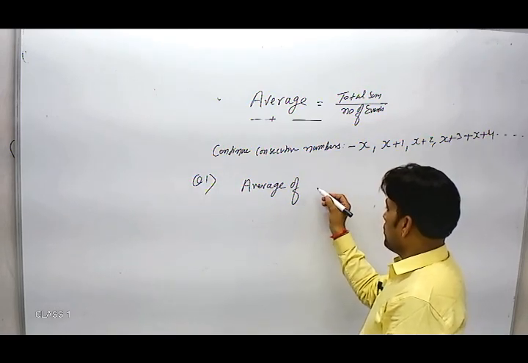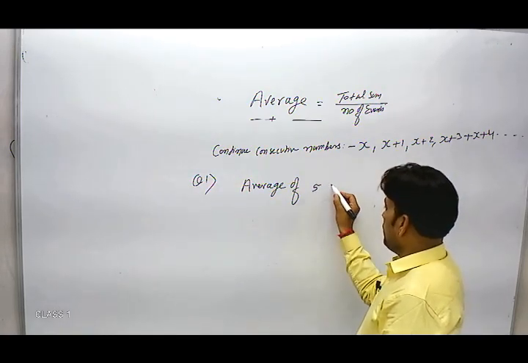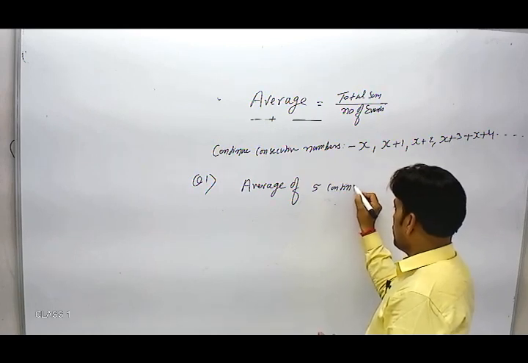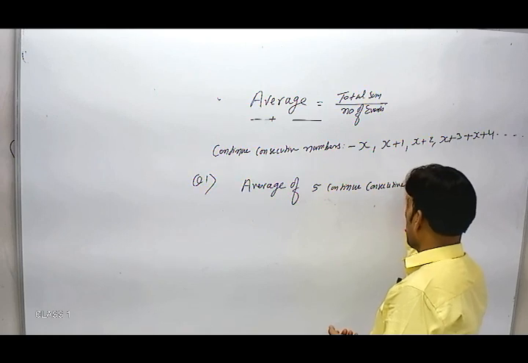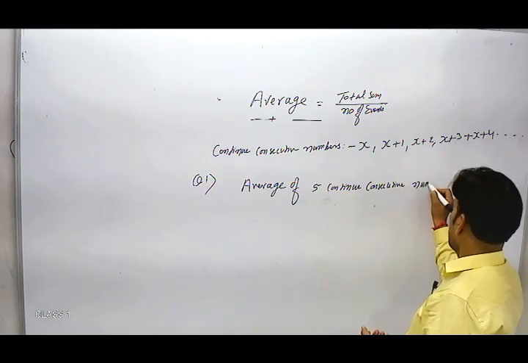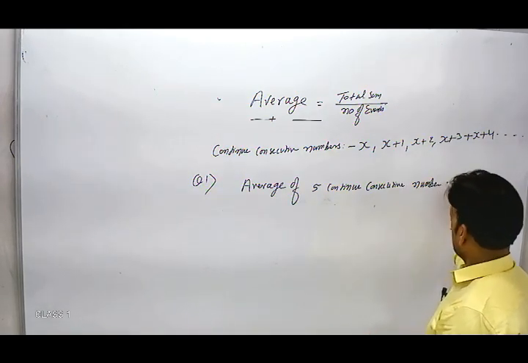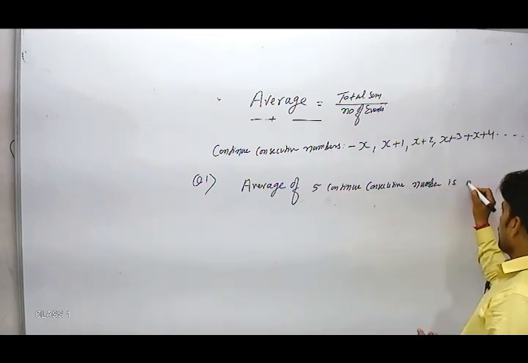Let's start. Average of 5 continue consecutive numbers is 50.